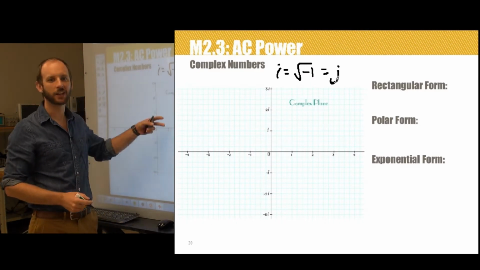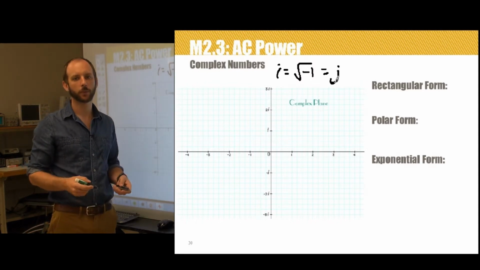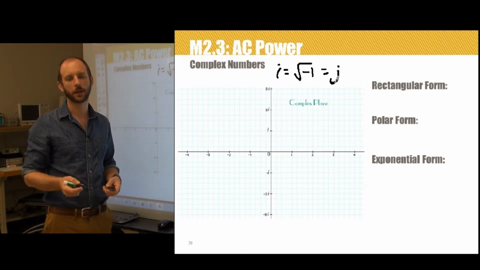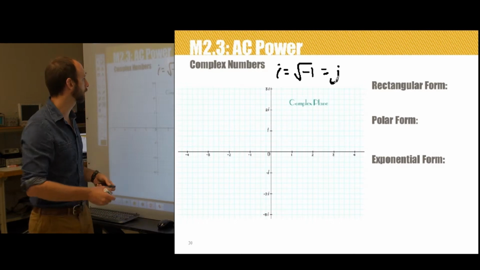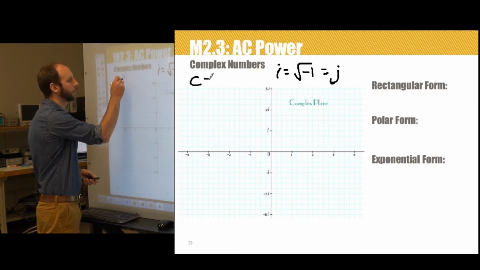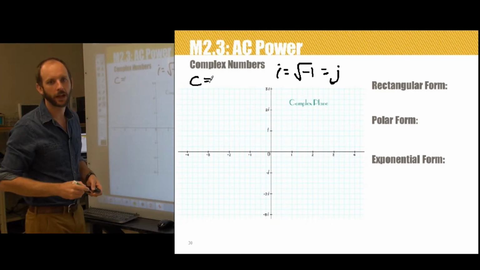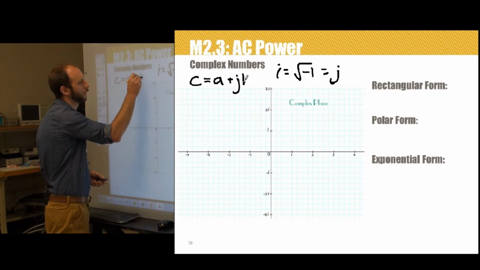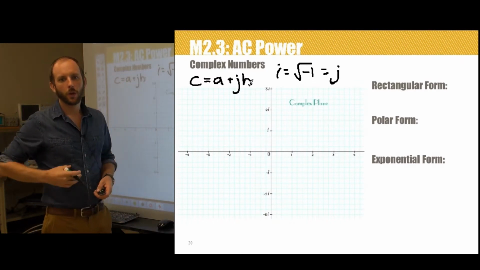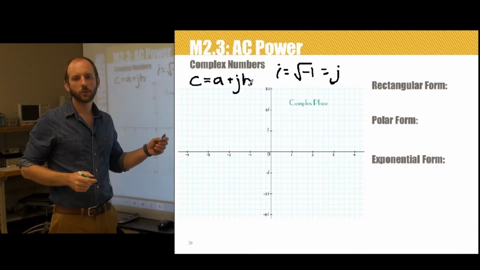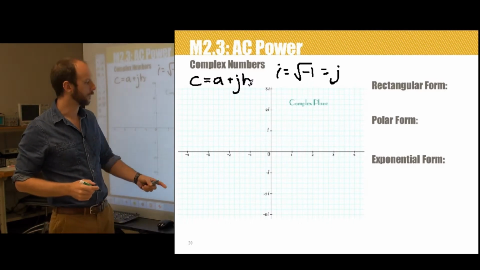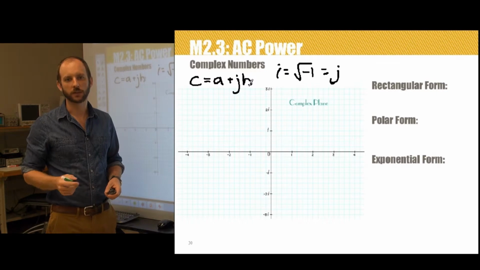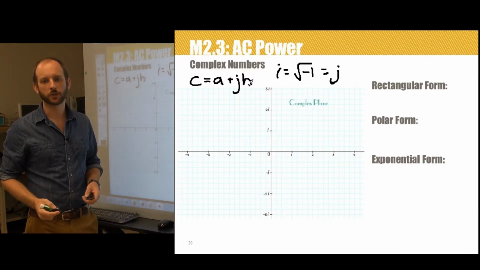Complex numbers can lie anywhere on the complex plane, and what they represent is a combination of real and imaginary parts. The complex number C equals A plus jB refers to the point A units to the right of the origin and B units above, where A is the real part and we call B the imaginary part of C.